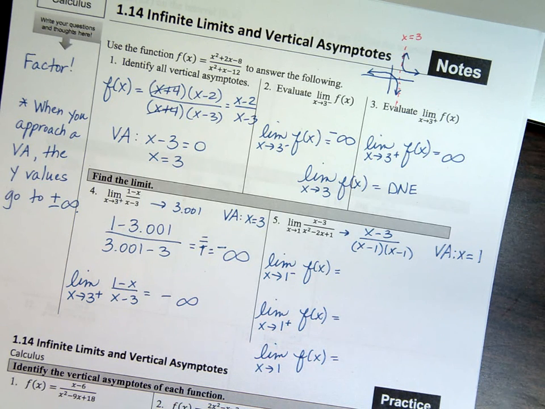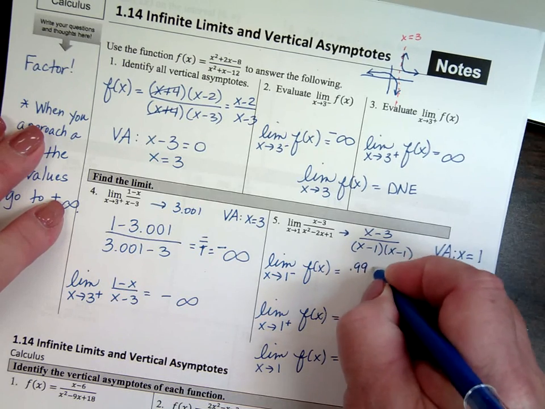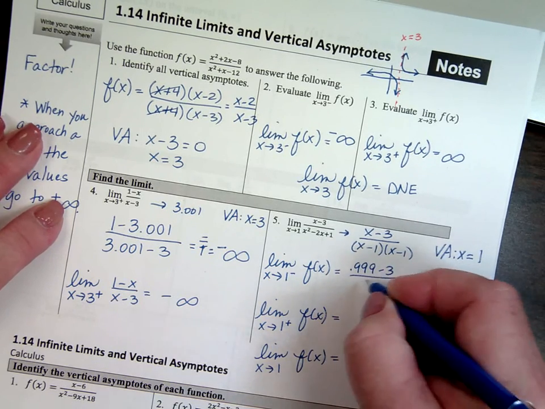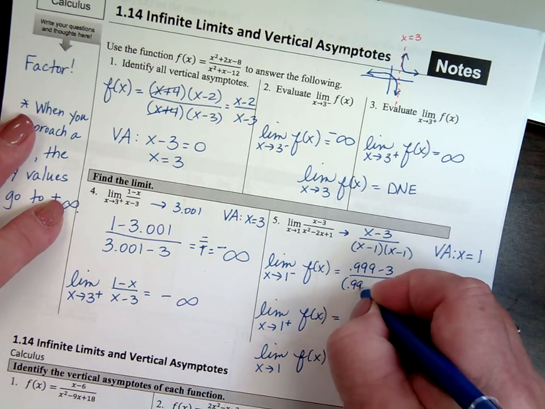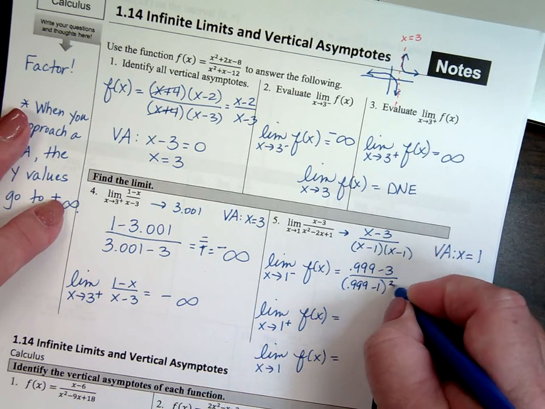And so I'm looking at the next piece of this. If I come at 1 from the left, if I'm at 1 on a number line and just to the left of that, I'm going to use 0.999. So 0.999 minus 3 over 0.999 minus 1, squared, since I've got 2 of that grouping.